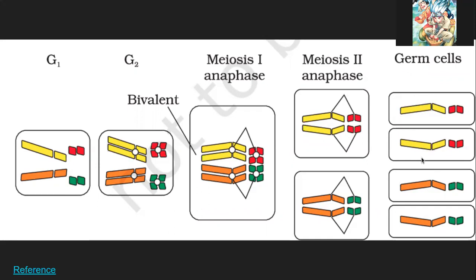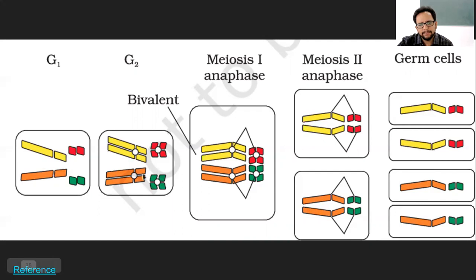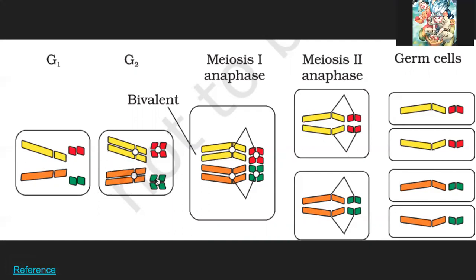Sir, what it should ideally be is that first the yellow and the orange thing should divide and not copy themselves, right? No, this is correct, no? So this is the interphase, so duplication has happened, right? Yes.